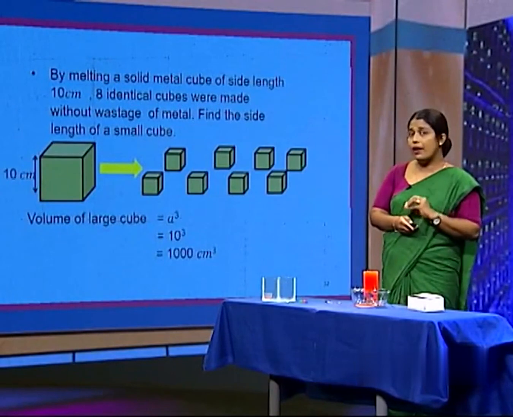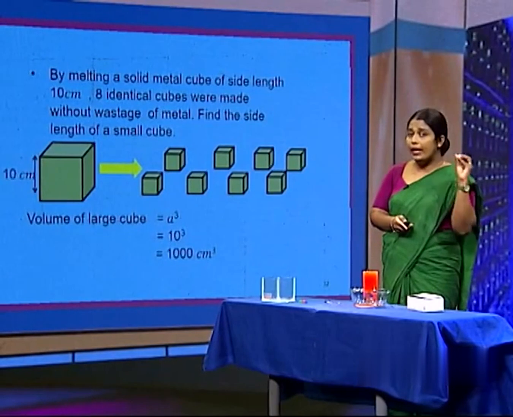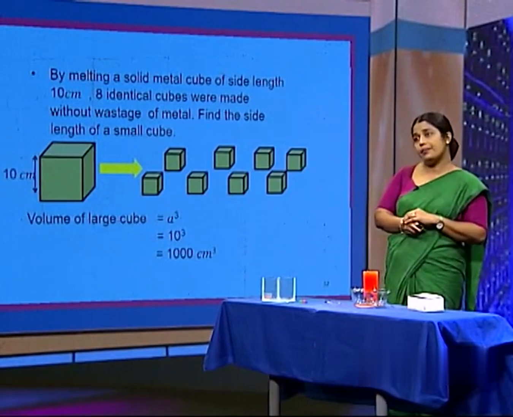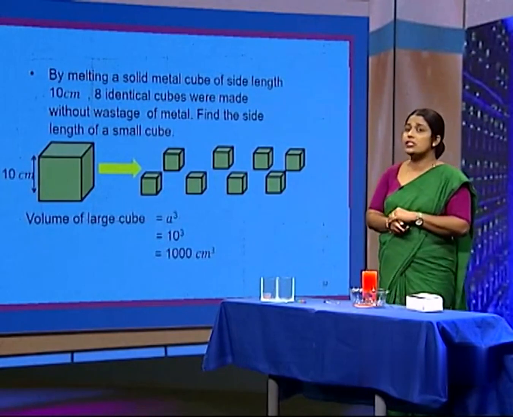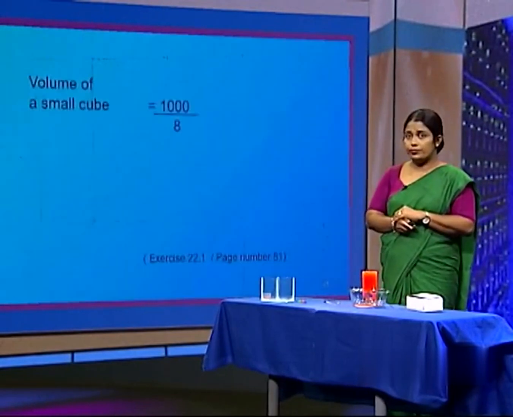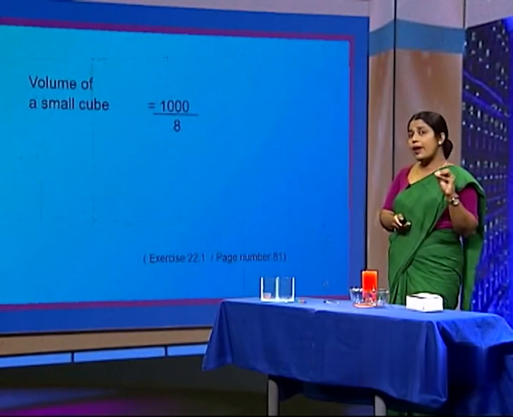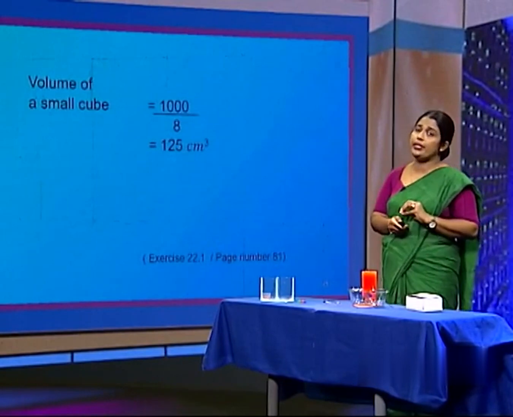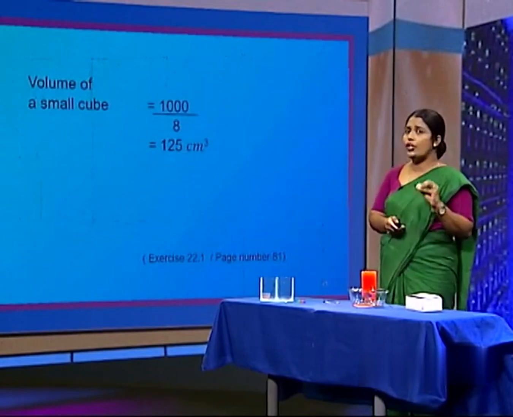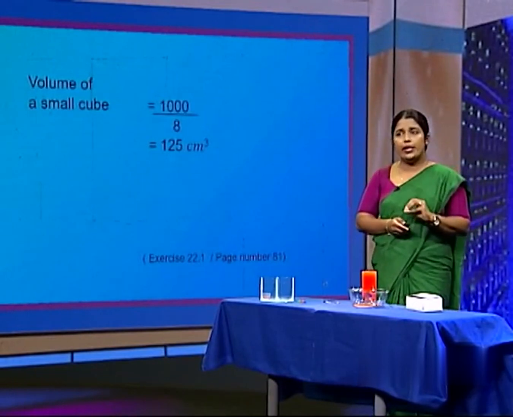Now, you have to divide this volume into 8 equal parts. Then, you can get the volume of a small cube. If you divide 1000 by 8, you can get the answer as 125. It means the volume of a small cube is 125.